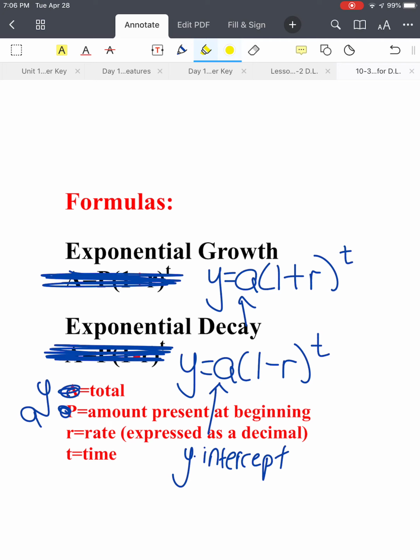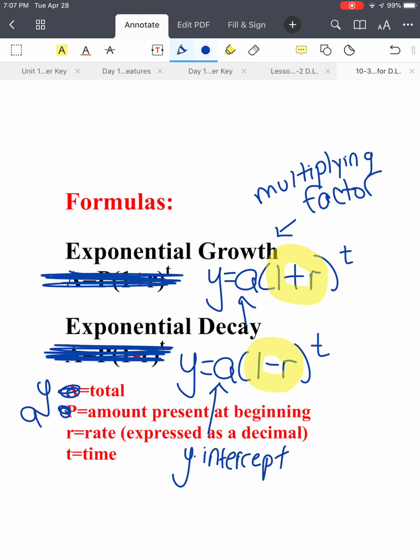The number in the parenthesis, this either 1 plus r or 1 minus r, is still going to be your multiplying factor. Either way, it's still going to be your multiplying factor. If we're adding something, it's growth, and if we're subtracting something, it's decay.